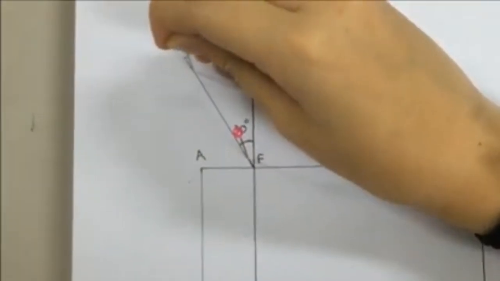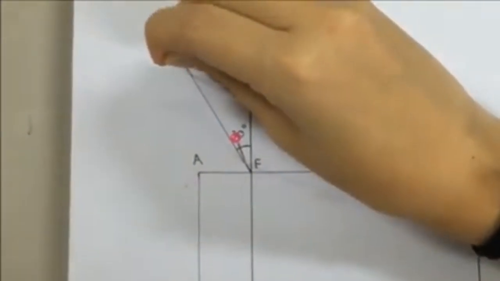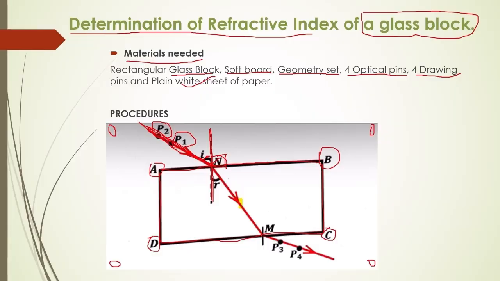Then after fixing the pins, you replace the glass block back onto its outline. You bring the glass block and put it back along the traced outline that you made earlier.